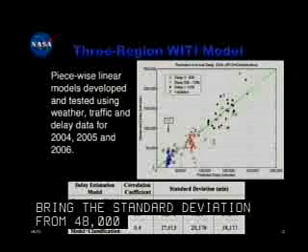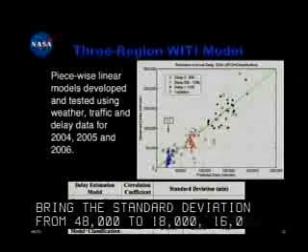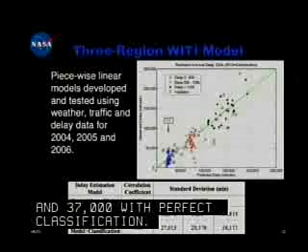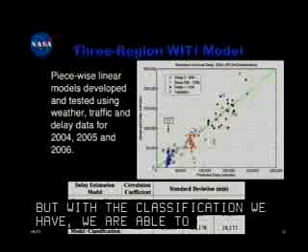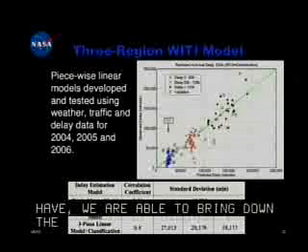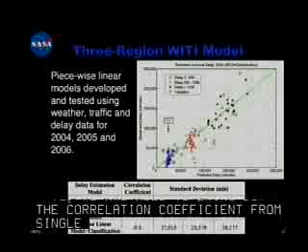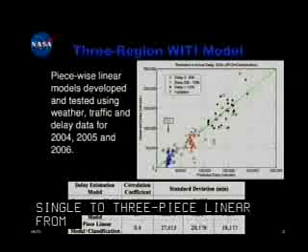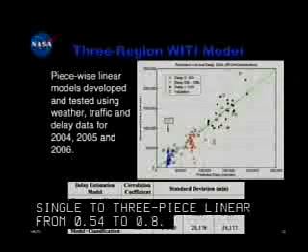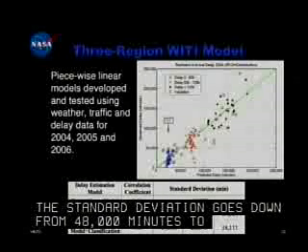But with the classification we have, we are able to bring the correlation coefficient from single to three-piece linear from 0.54 to 0.8, and correspondingly the standard deviation goes down from 48,000 minutes to 27,000, 20,000, and 38,000.